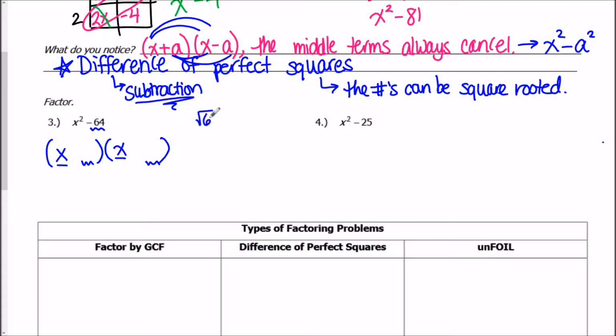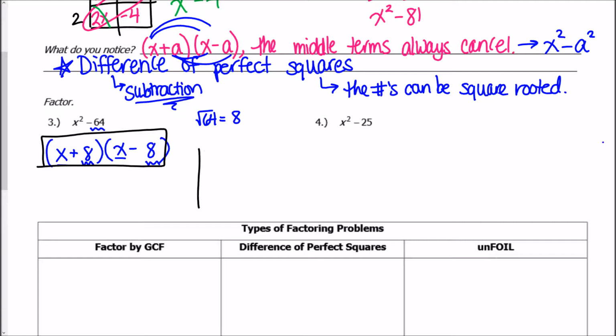So I'm going to take the square root of 64, and I see that it's 8, because 8 times 8 is 64. So here this is an 8, this is an 8, one has to be plus, and one has to be minus. Okay, and this is my answer.